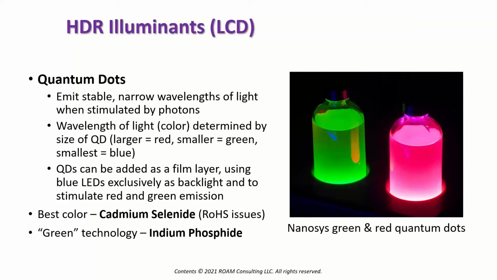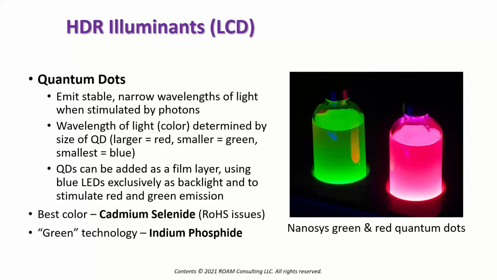Quantum dots are tiny little particles. You can't see them. They're extremely small. Basically, they're just little dots made out of metals that, when you bombard them with high intensity light, typically blue light, emit green and red light and also blue light, which is a quantum effect.